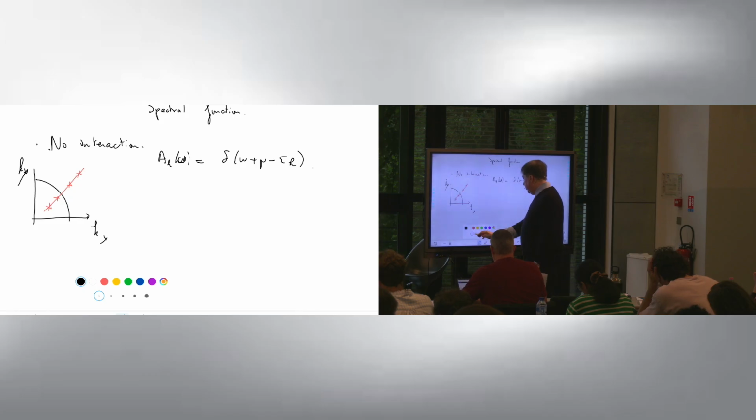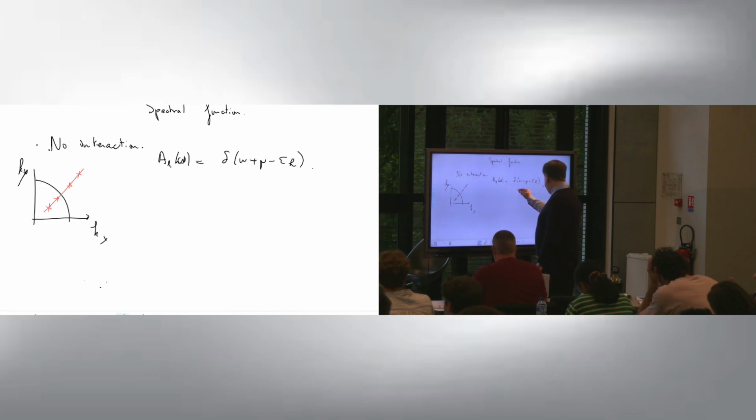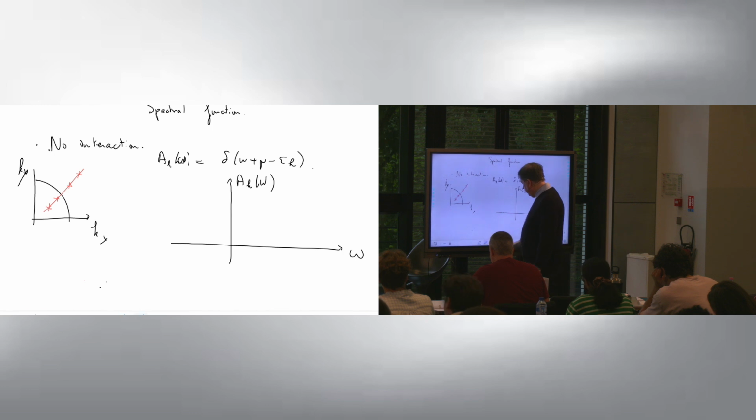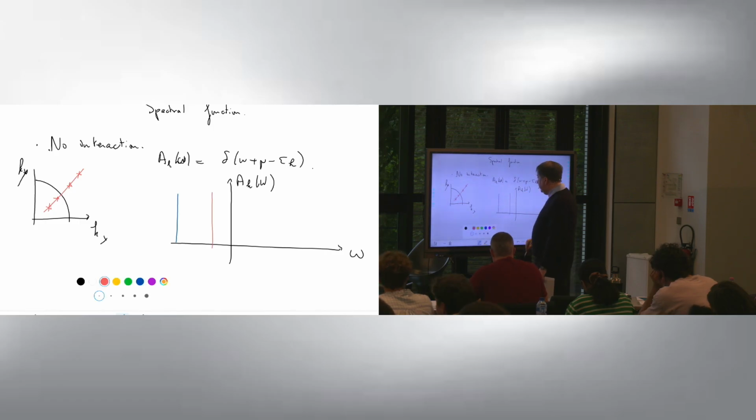my spectral function is going to be a peak, maybe I should use another color, a peak that will disperse progressively.